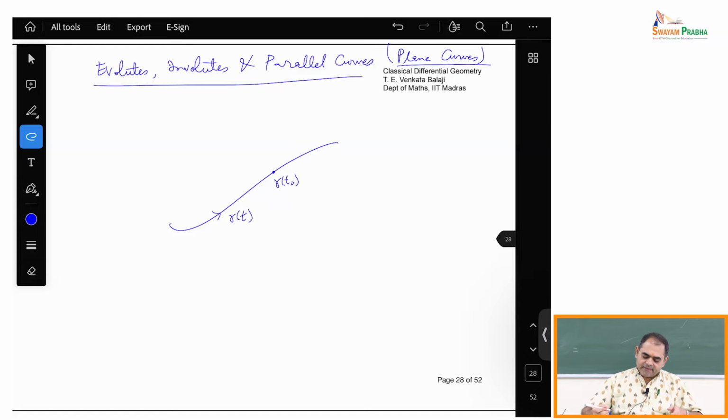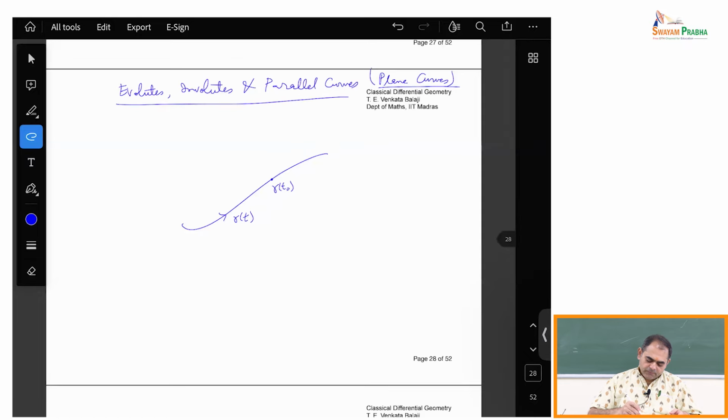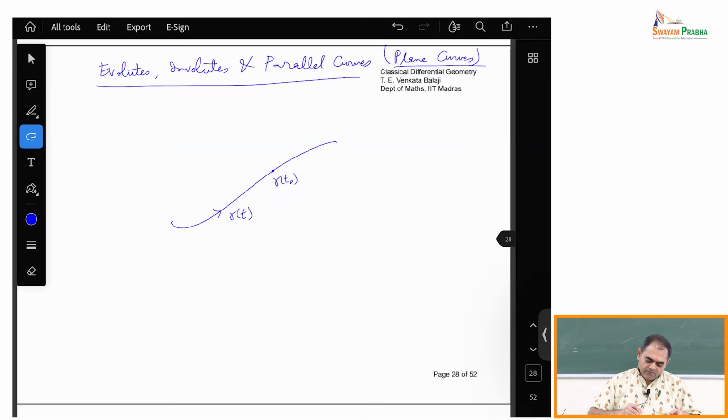Then at that point you have the circle of curvature, and you also have the center of curvature at that point.